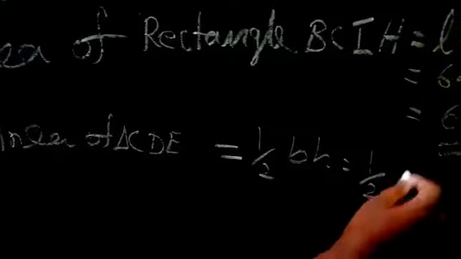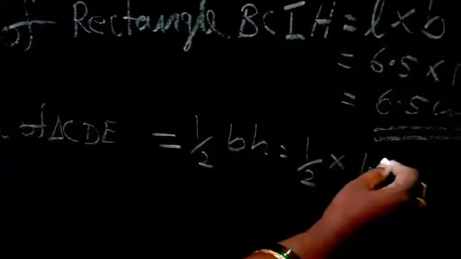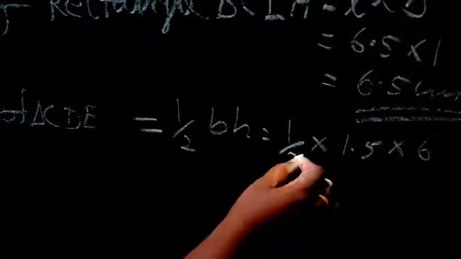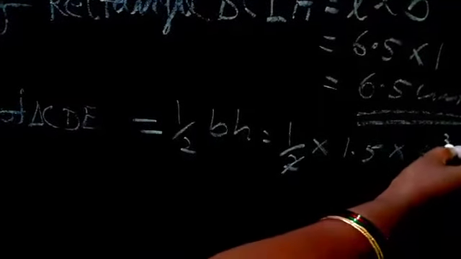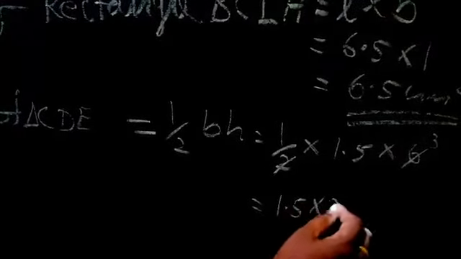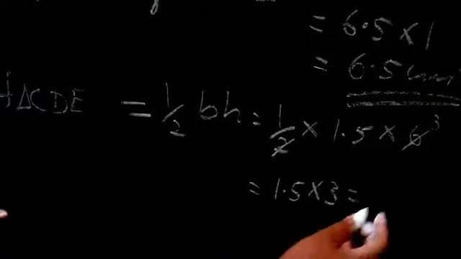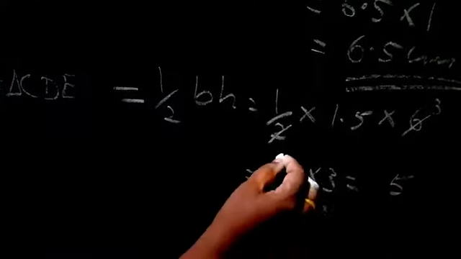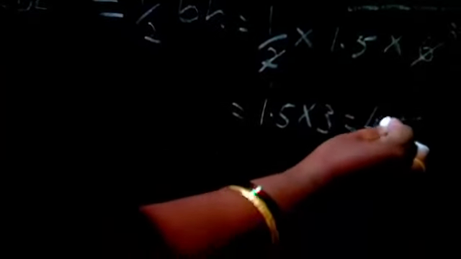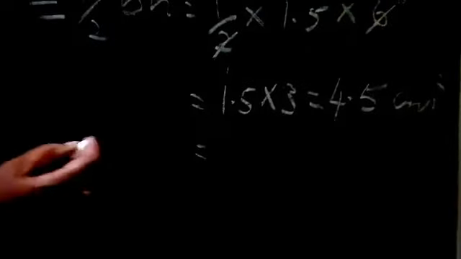So half into base is, we have 1.5 into height is 6. Here 1 2s are, here 3 2s are. So 3 into 1.5. 3 5s are 15. Carry 1. 1 3s are 3. 3 plus 1 is 4. So we'll get here 4.5 centimeter square for one feather. 2 feathers we have, this side also. So we multiply by 2.